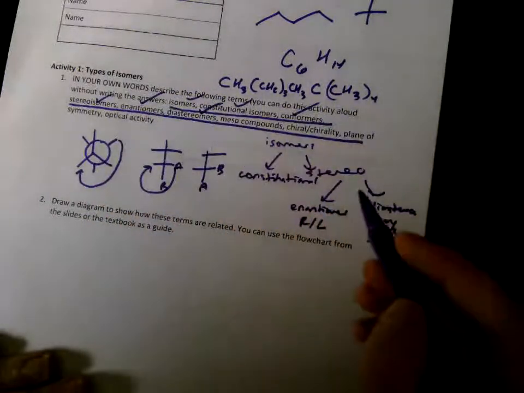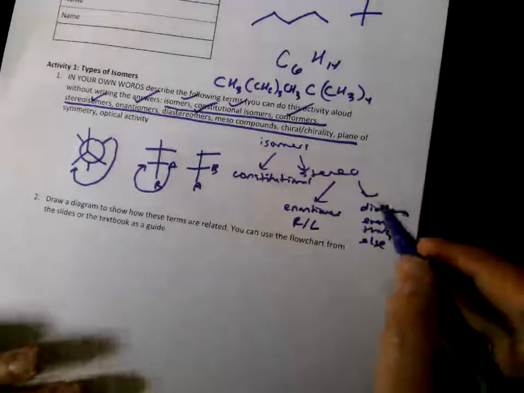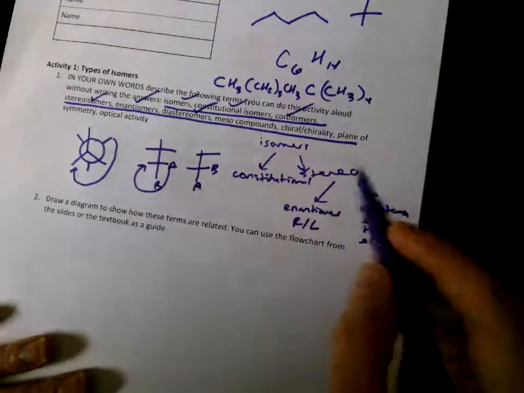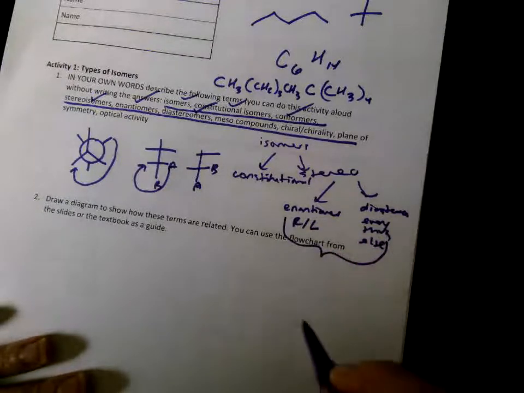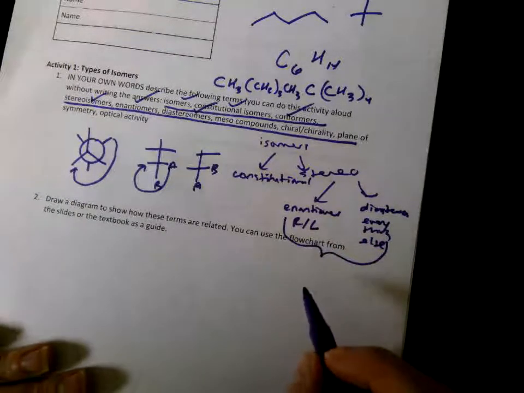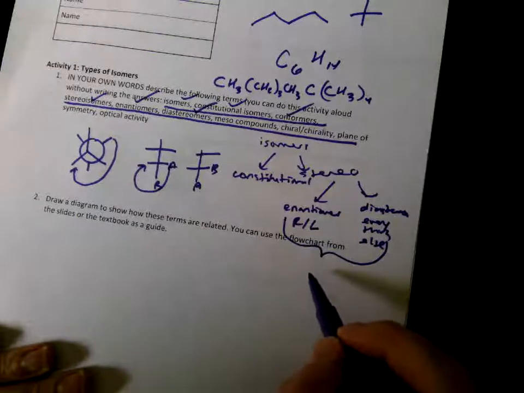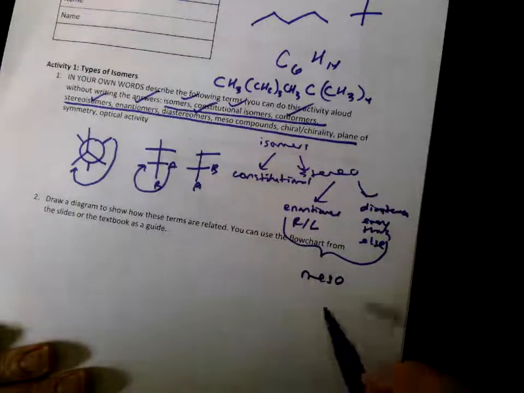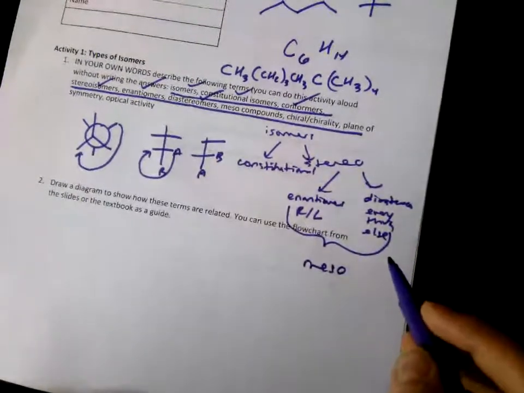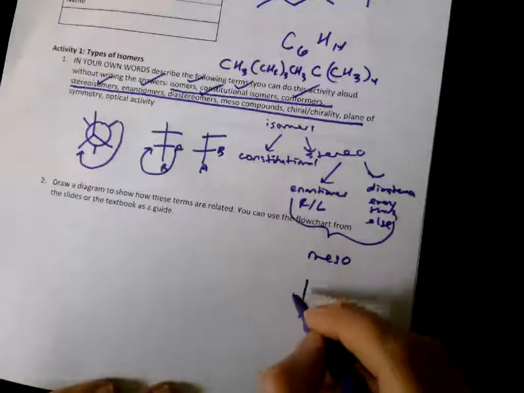So then we've covered conformers, enantiomers, diastereomers, mesocompounds. They're kind of their own thing. They are not really an enantiomer or a diastereomer. So I would probably put meso down here because they sort of have 2 chiral centers, but they're identical to each other.